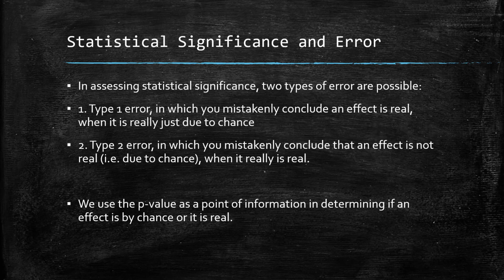A Type 2 error is one in which we mistakenly conclude that an effect is not real. We say it was due to chance.